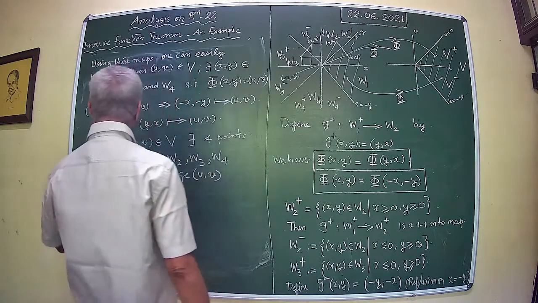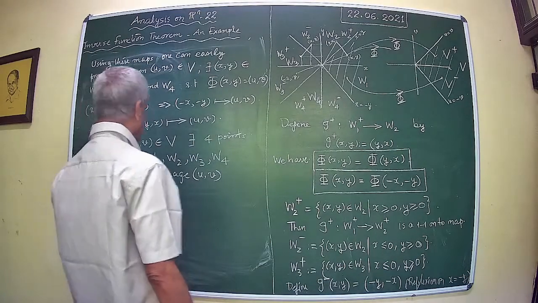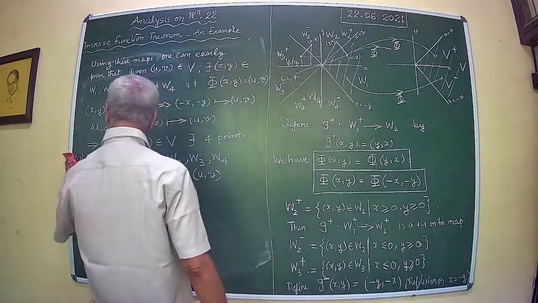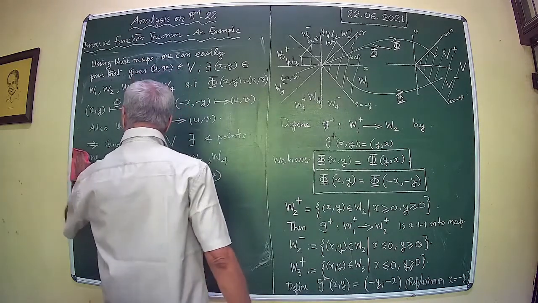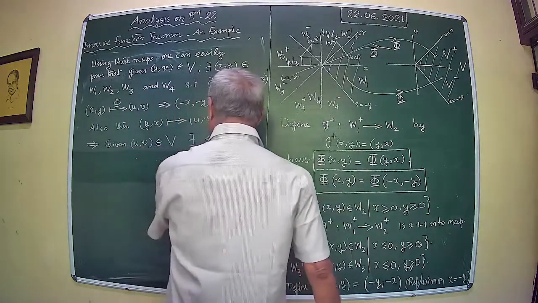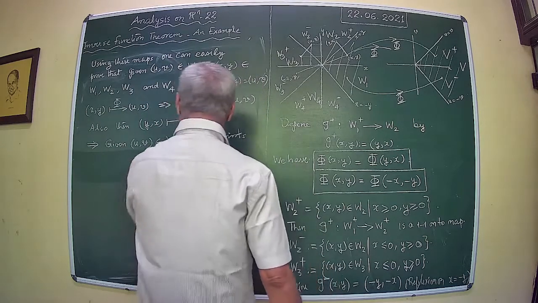I think I'll take out this line, and then there are some more things. I'll correct it. There exists 4 points.